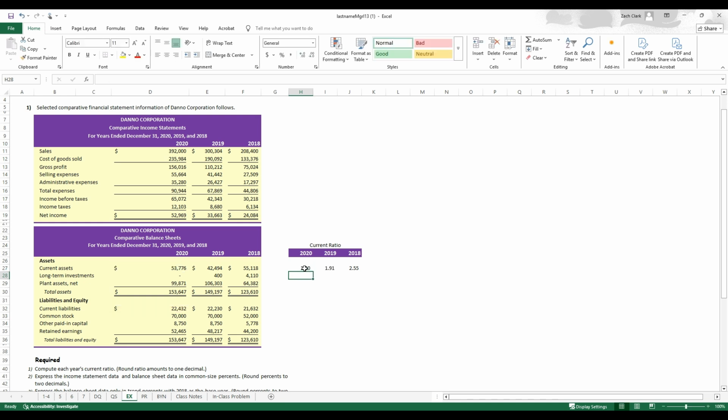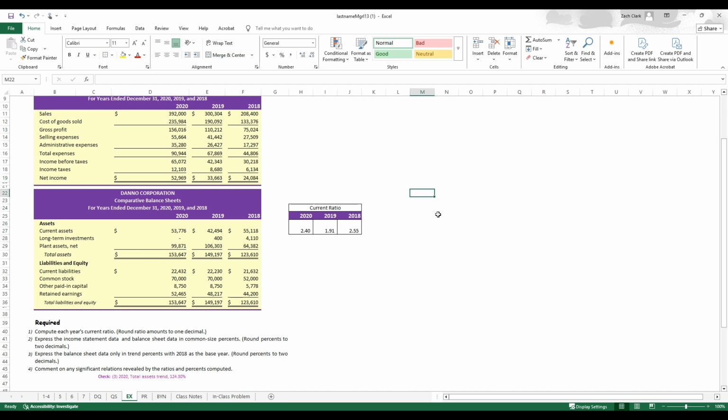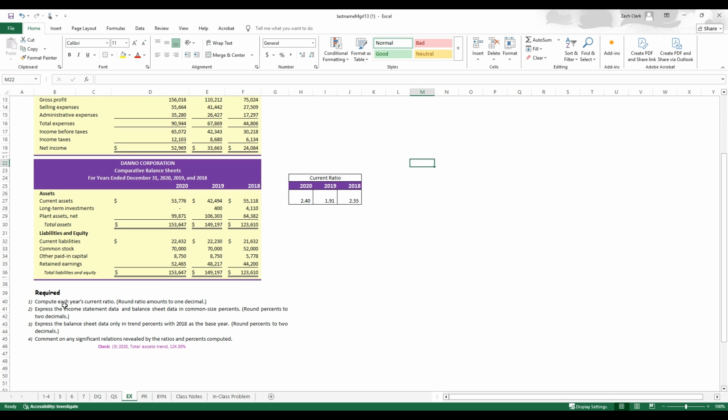That is relatively good to see. Generally, you'd want to have a decent buffer of assets compared to liabilities, so that you've got enough room to pay the current liabilities down. I'm just going to format this a little bit. Okay, so there's our current ratio.